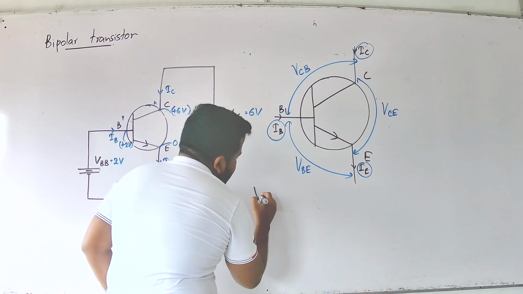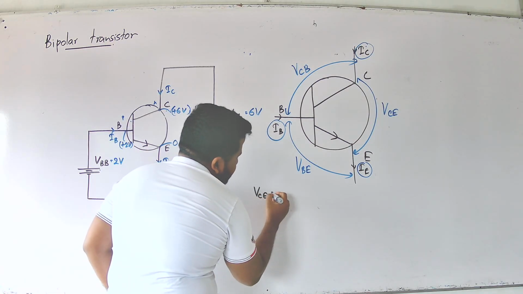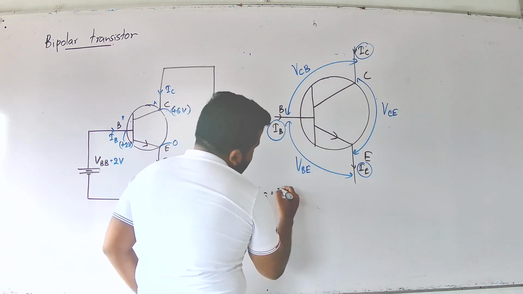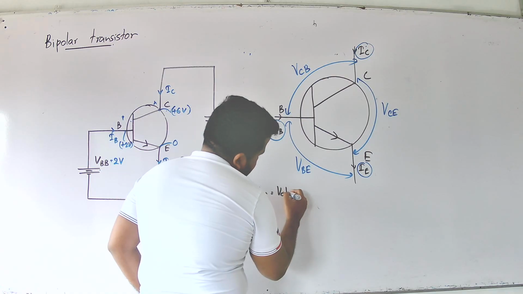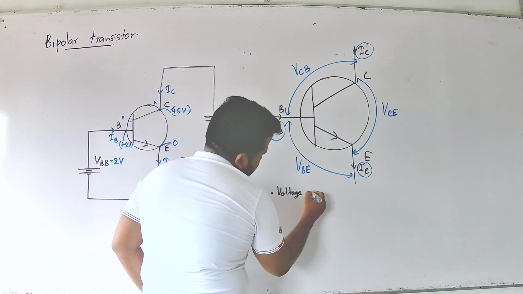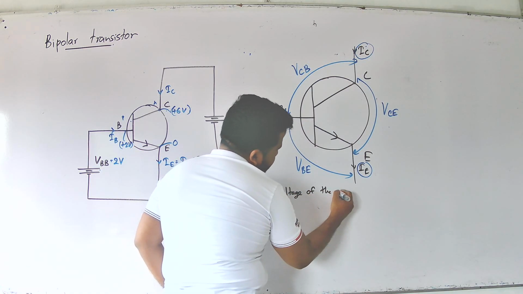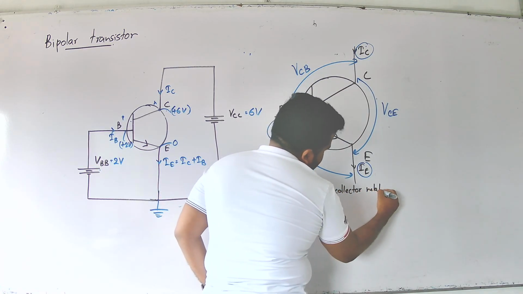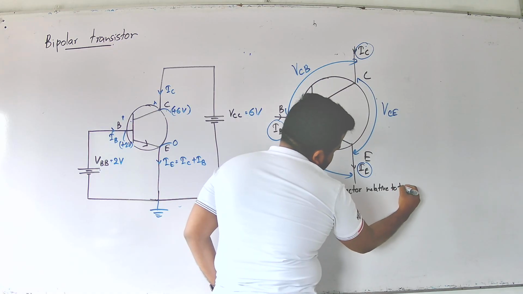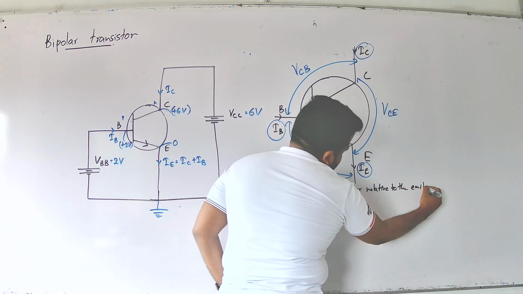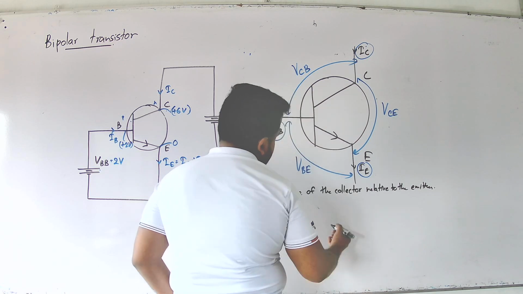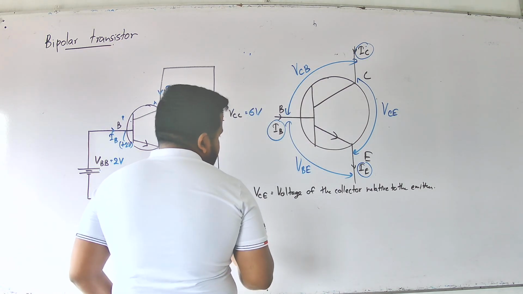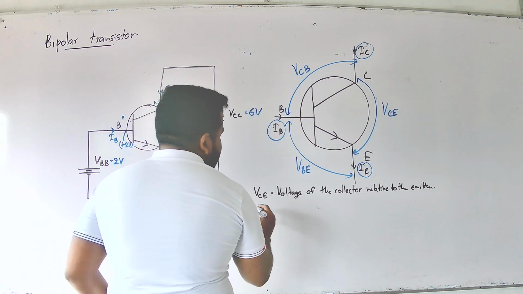What is meant by VCE? VCE means the voltage of the collector relative to the emitter, right?